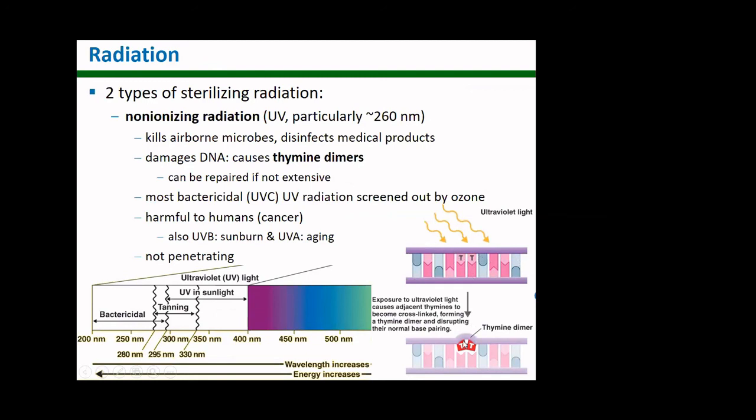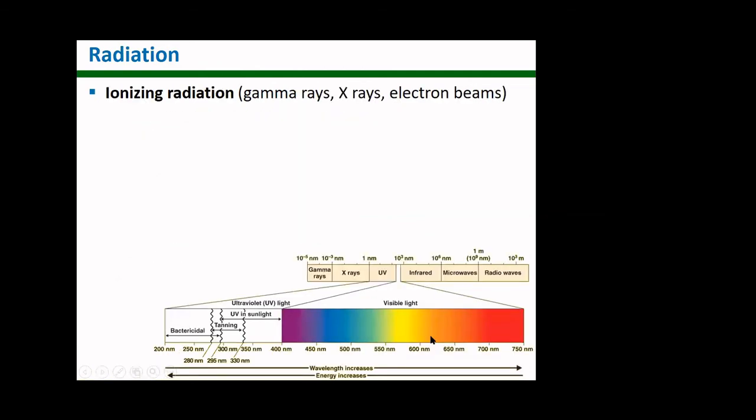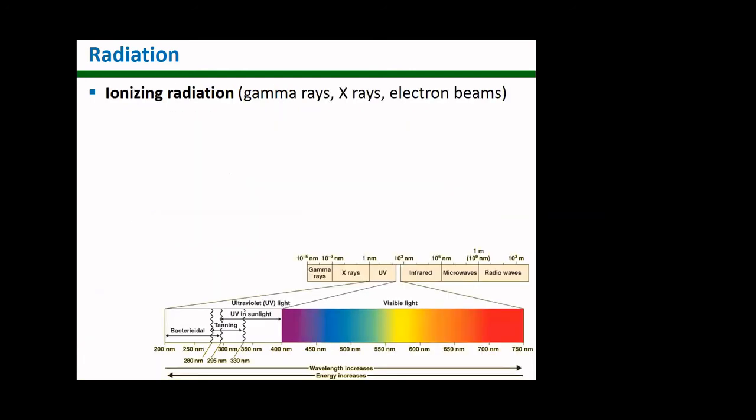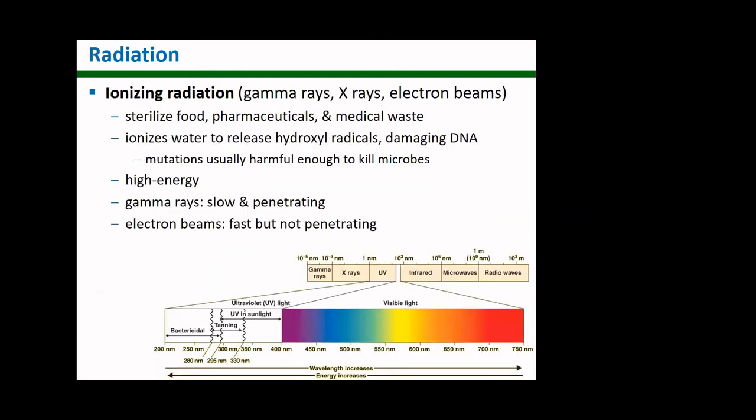It makes them stick together and function as one T, which will then completely screw up your DNA and the protein that you're trying to make from that DNA. Ionizing radiation creates hydroxyl radicals, which damage DNA and cell membranes.